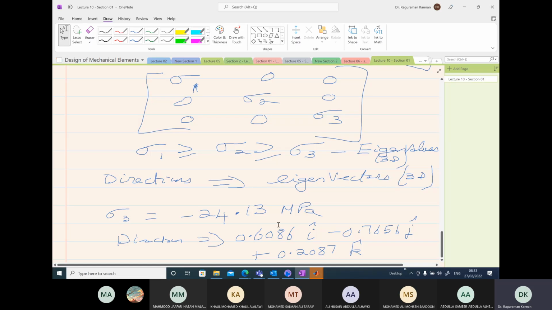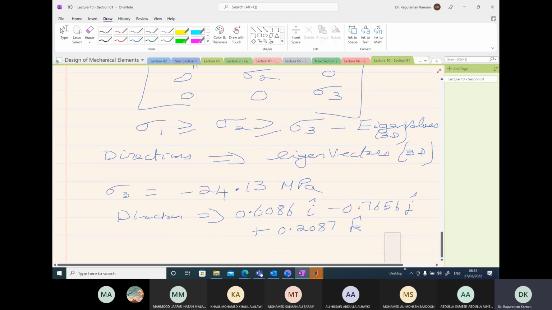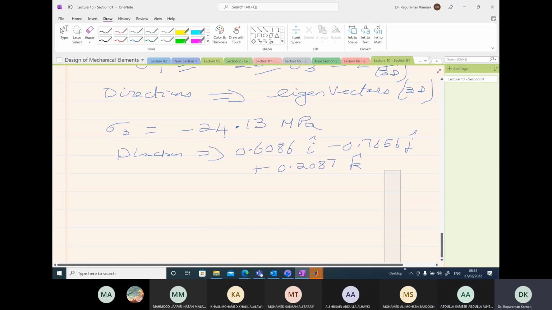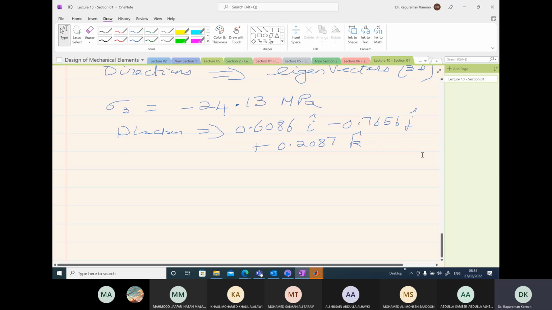But did you understand how to get directions and principal stresses? In your assignment, if I give you a 3D problem, you will use MATLAB to solve it and provide the answer. It is easy in MATLAB.